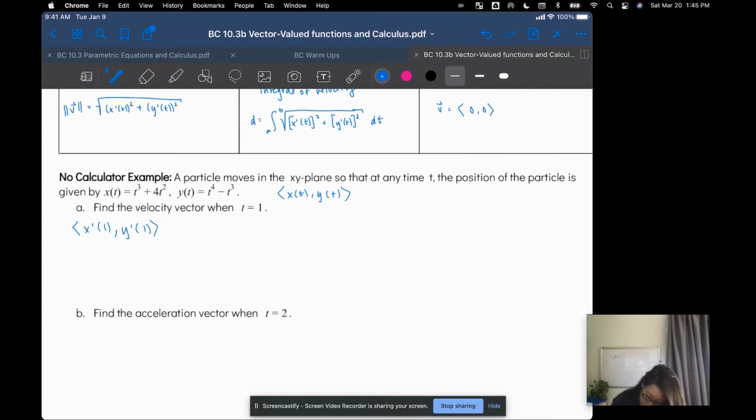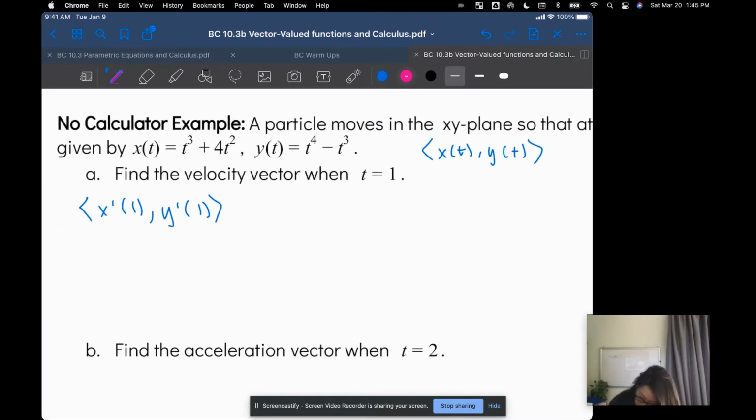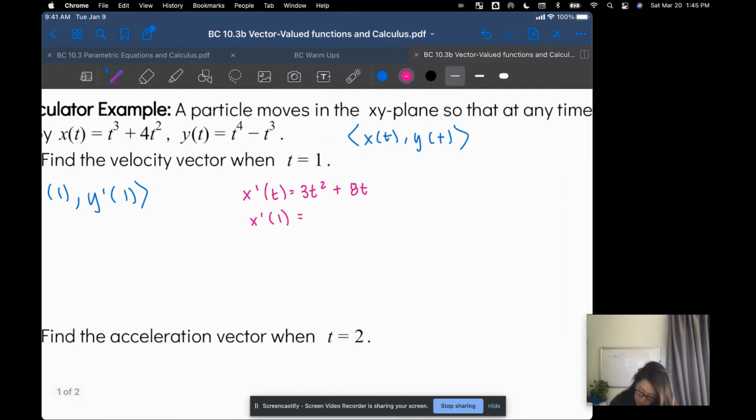That is not pretty. Okay, so x prime of t is equal to the derivative of t cubed, which is 3t squared, plus the derivative of 4t squared, which is 8t. Then we need to find the derivative at time 1. Substituting in 1 for t, I get 3 plus 8 is 11. Okay, let's tackle y prime of t.